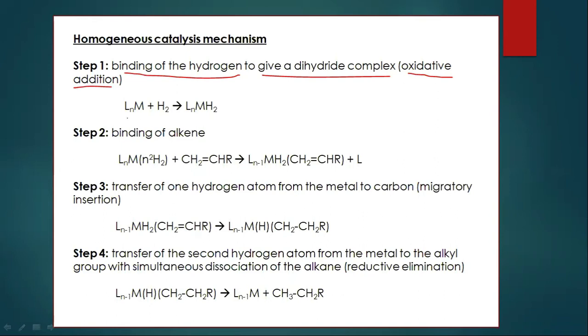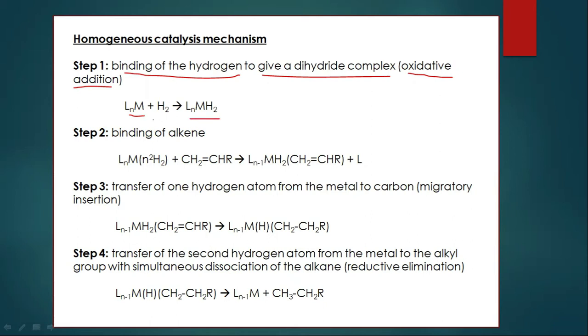Let us see the L, n, and M. L is the ligand and M is the metal, and you're using an H2 source. In step one of the reaction, these two combine, LnM plus H2, and you will get a dihydride complex, that is LnMH2.